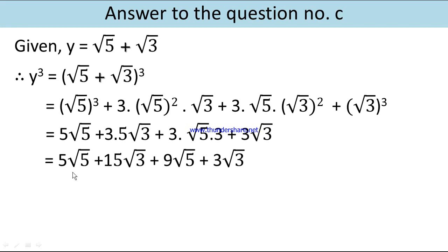Then the result will be 5 root 5 and 9 root 5 is equal to 14 root 5, and 15 root 3 and 3 root 3 is equal to 18 root 3. So the next line will be 14 root 5 plus 18 root 3. So we have found the value of y cube is equal to 14 root 5 plus 18 root 3.